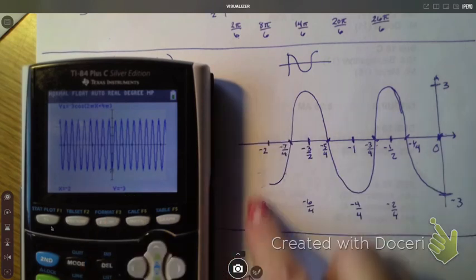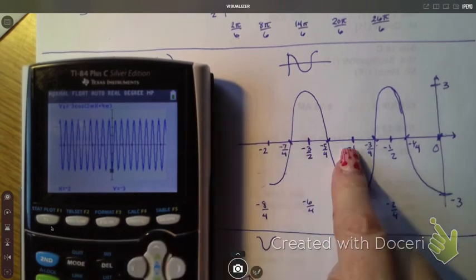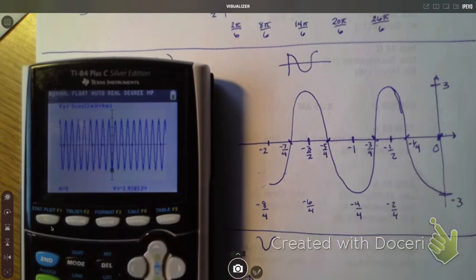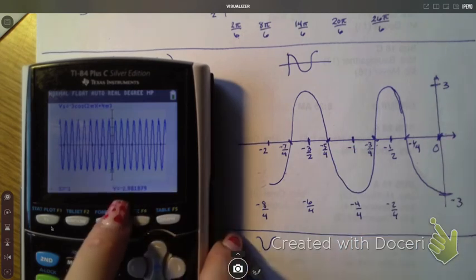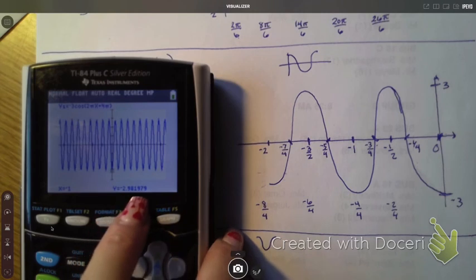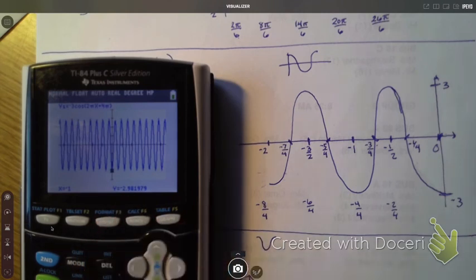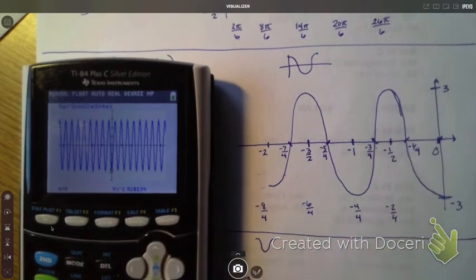Okay. We also had -3 at -1, right? So could I hit trace -1? And it's -2.98197, basically -3, right? So is our graph correct? Yep. If I wanted to do -0.5, I should get +3, shouldn't I? And I do.